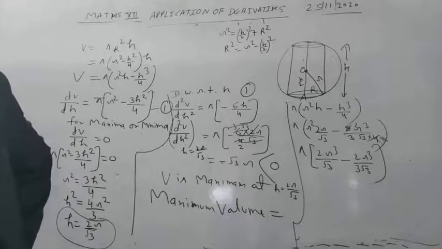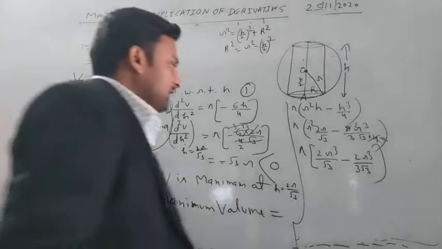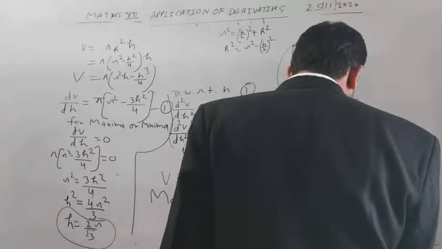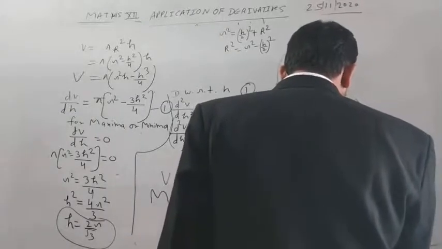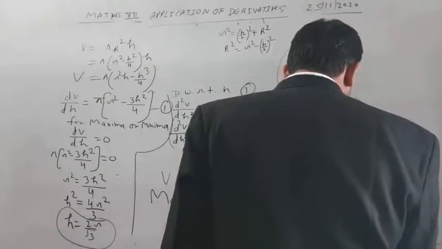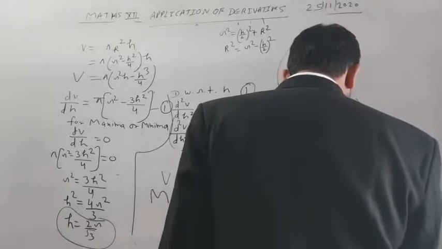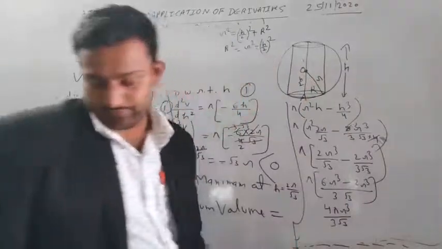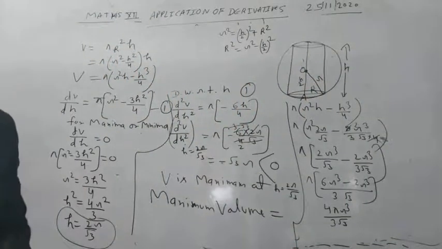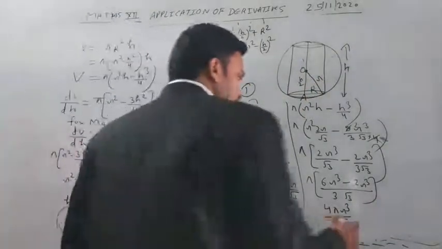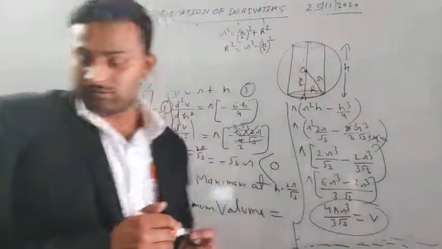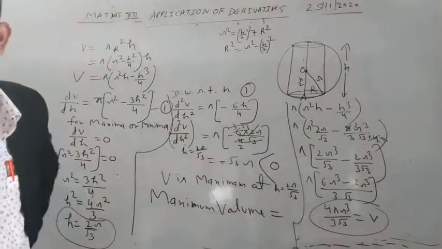Now taking LCM, 3 root 3 cancels, 2 times 3 is 6 r cube minus 2 r cube, which gives 4 pi r cube by 3 root 3. This is the maximum value, which we have calculated from the given information.